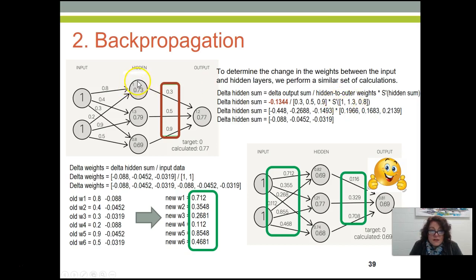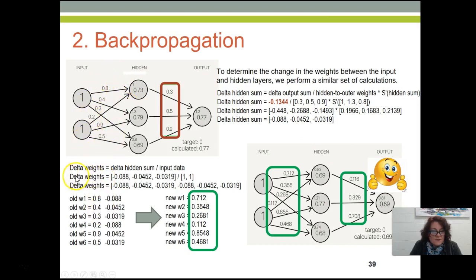For our first hidden sum it is 0.1966, for our second sum it is 0.1683, and for our third sum here it is 0.2139. So now if we multiply that out, the delta for our hidden sums is minus 0.088, minus 0.0452, and minus 0.0319.